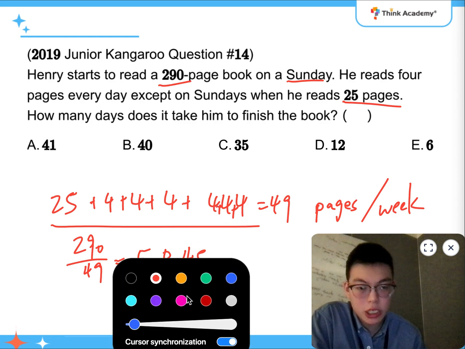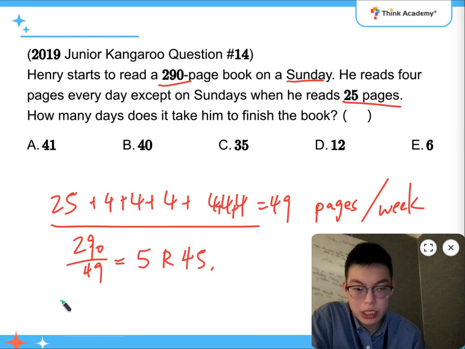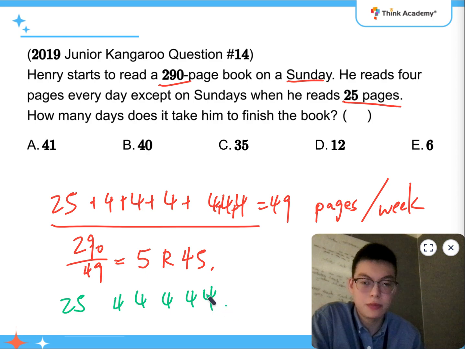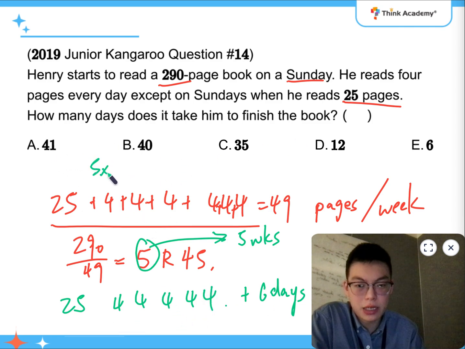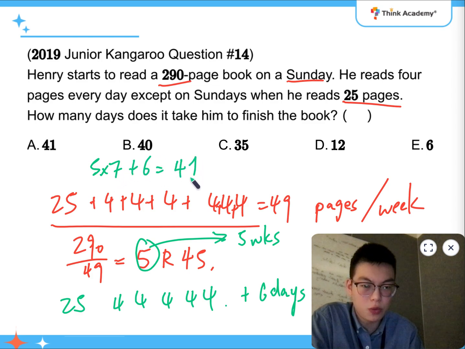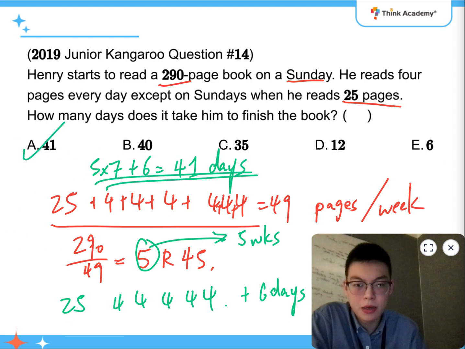Which means that you would need 25, 4, 4, 4, 4, 4, which means an extra 6 days. 5 represents 5 weeks, and an extra 6 days to complete the book. So the answer is going to be 5 times 7, adding 6, which is 35 adding 6, that is 41 days. Alright, so the answer is A.